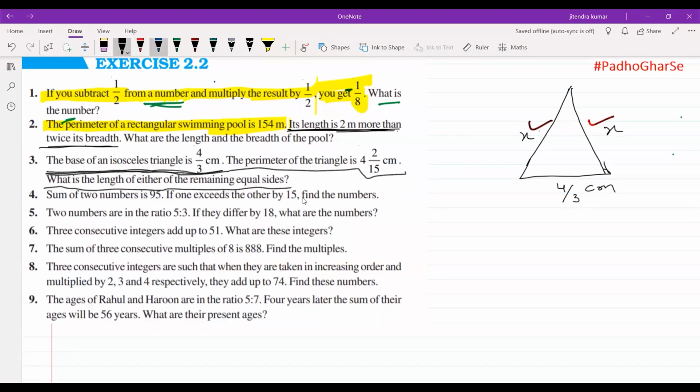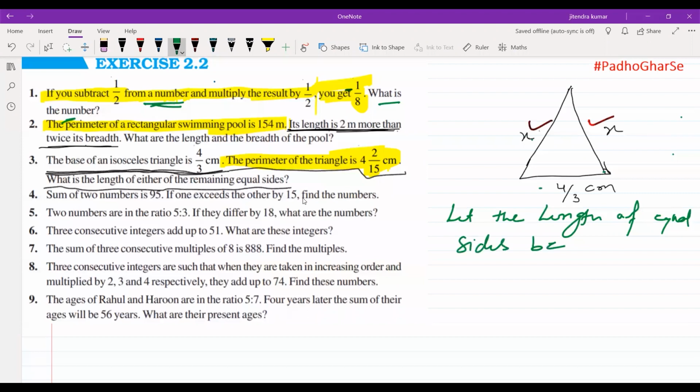Now, it says the perimeter of the triangle is this. As we have all three sides, and we know that the perimeter of a triangle is equal to the sum of all sides, we consider both equal sides to be x.